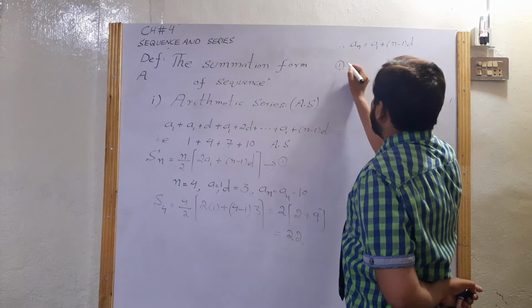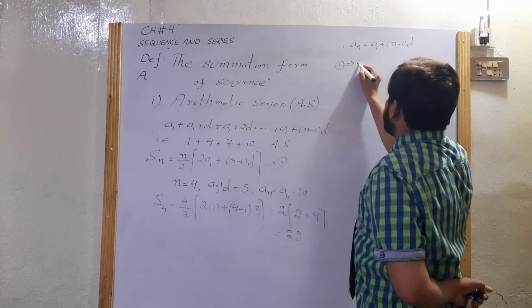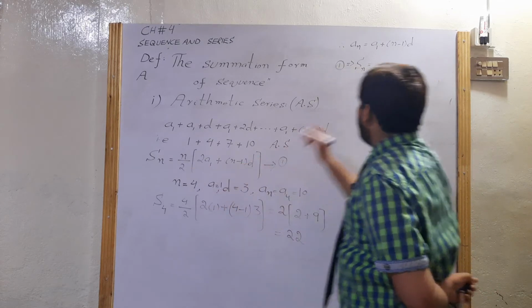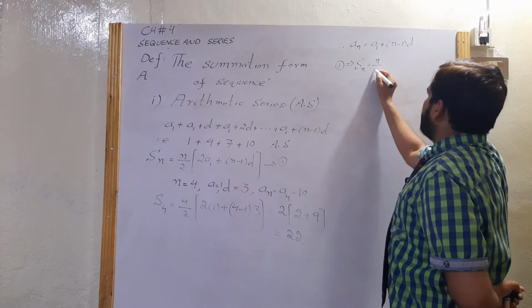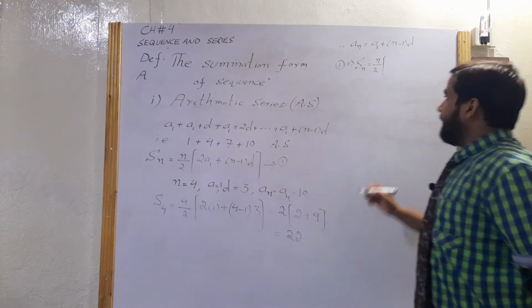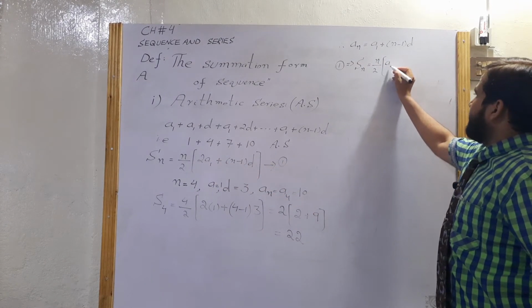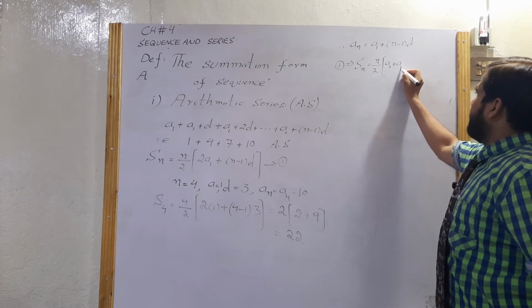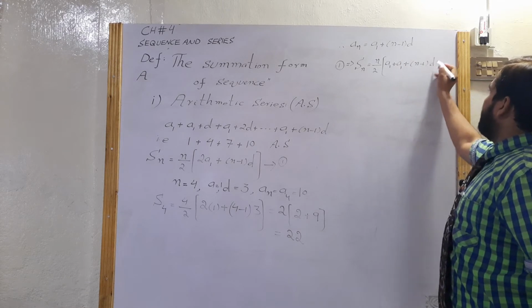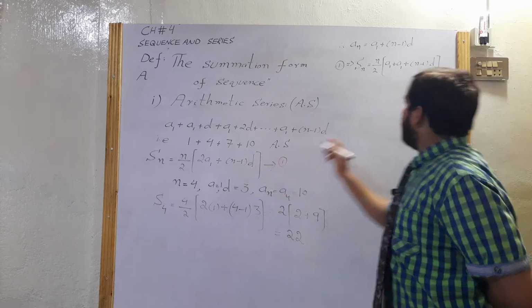Equation 1 can be written as Sn, where Sn stands for the sum of n terms, equals n over 2 times (2 a1, broken in parts, can be written as a1 plus a1 plus (n minus 1) into d).